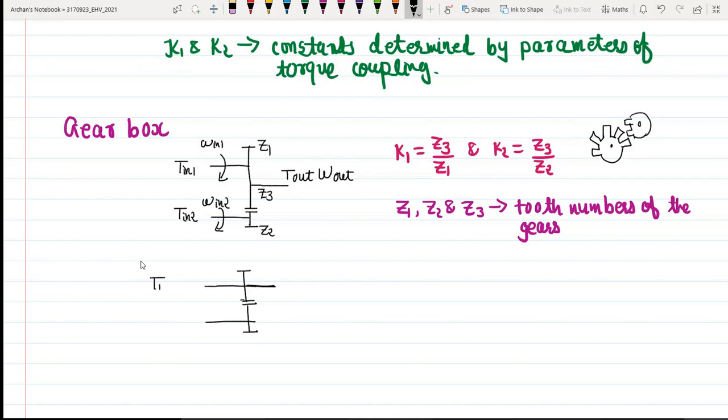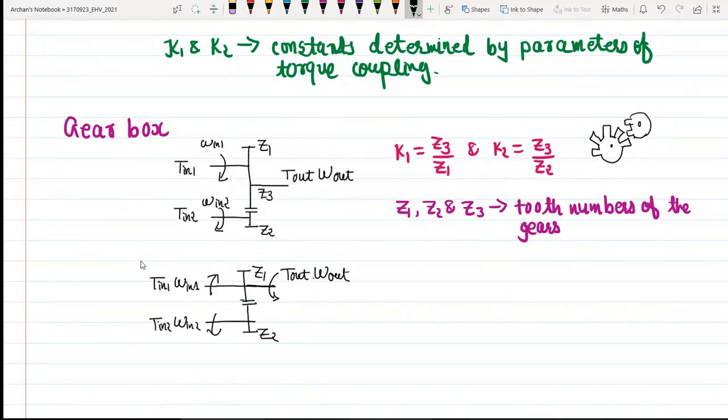Okay, so this is our torque input 1, omega in 1. This is my power input 2, T in 2, omega in 2, right? And here two gearboxes are there, Z1 and Z2, and I'm taking power over here. This is T out, omega out. Okay.